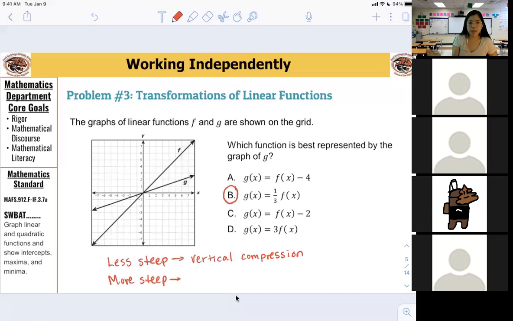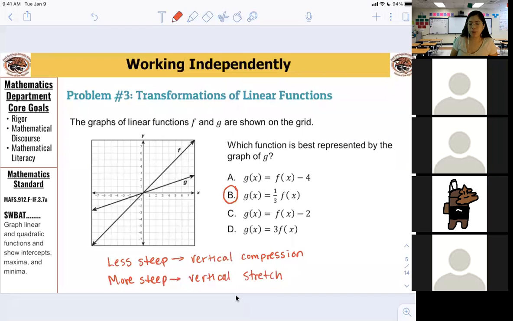Because when you compress something, it kind of gets smaller. Does that sort of make sense? When you kind of squish something down when you compress it. So less steep, the vocabulary word is vertical compression. And when something is more steep, the vocabulary is vertical stretch. Because it's kind of like you're pulling it, like you're getting longer. So those are the words. So B is vertical compression.